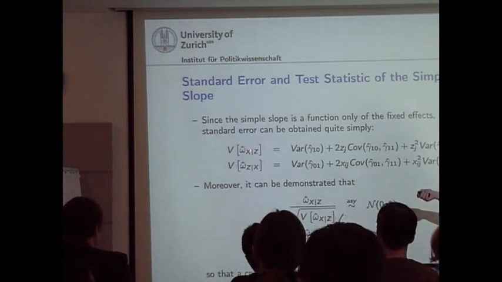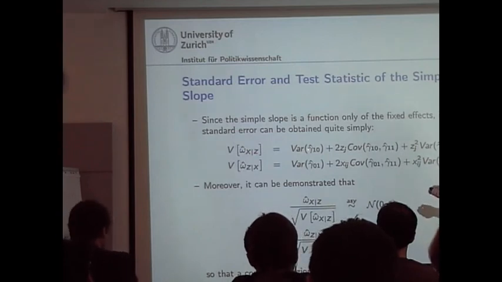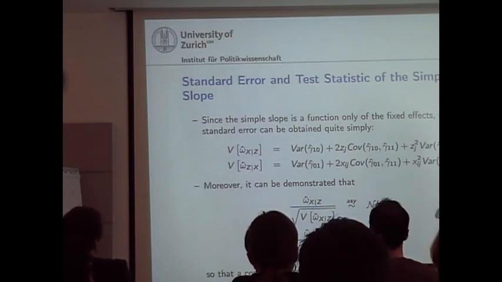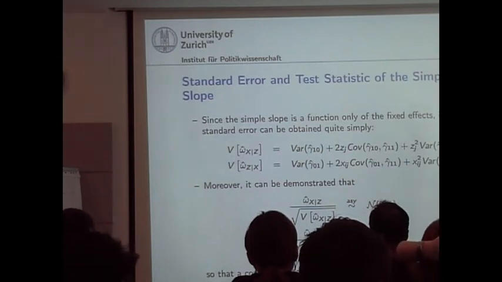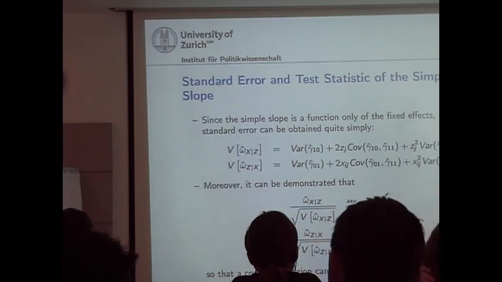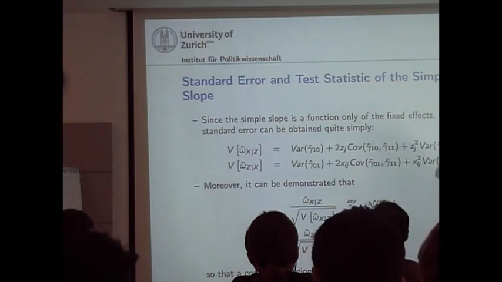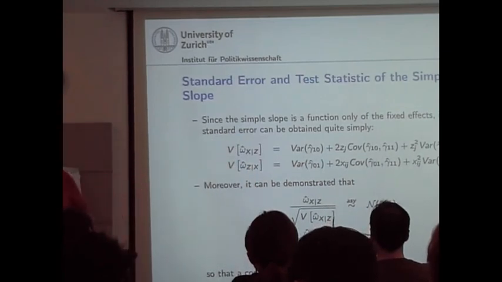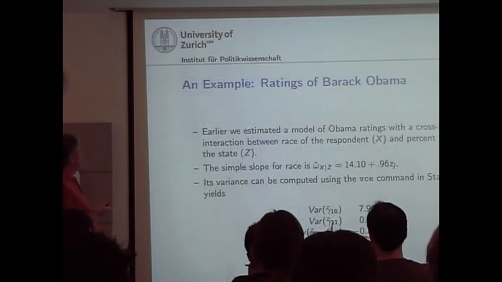So for the simple slope of x given z, it's the variance of the effect associated with x plus 2 times the value of z times the covariance between the effect associated with x and the interaction, plus z squared times the variance associated with the interaction. And asymptotically, at least, that thing is normally distributed, and so we can use a normal distribution to create these confidence intervals.